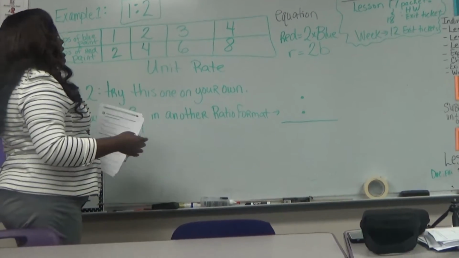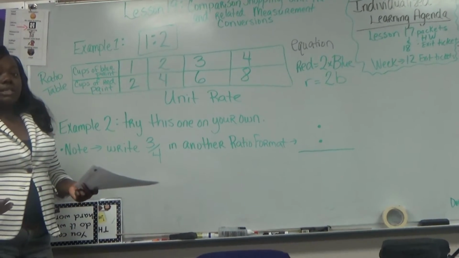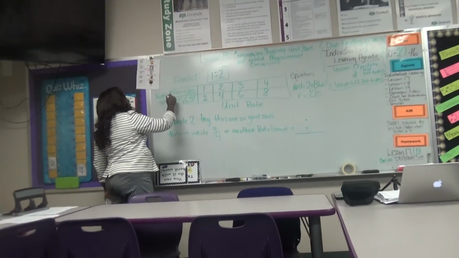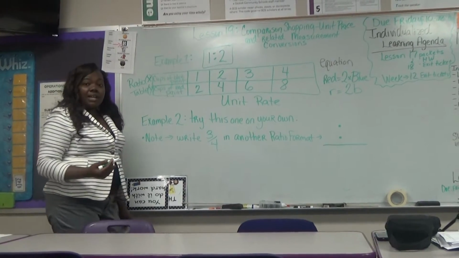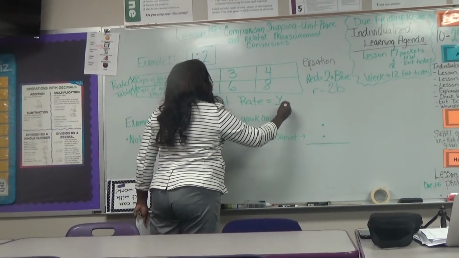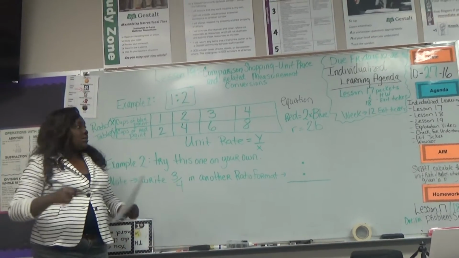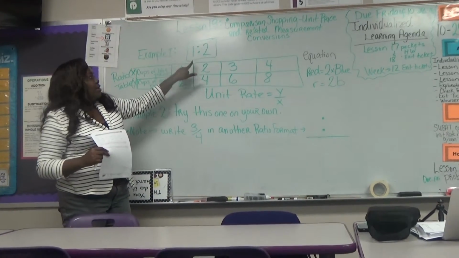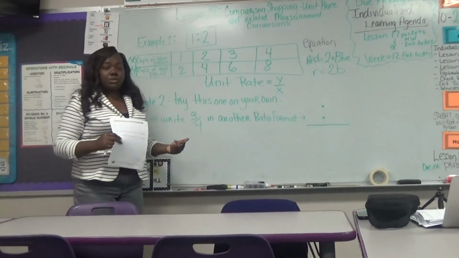We take any one of these ratios on the table and divide. We're going to think of these columns as X and Y. When I want to find the unit rate, I simply do Y over X. To make that really simple, you're going to divide your second column by your first column. That's going to tell you what your unit rate is.